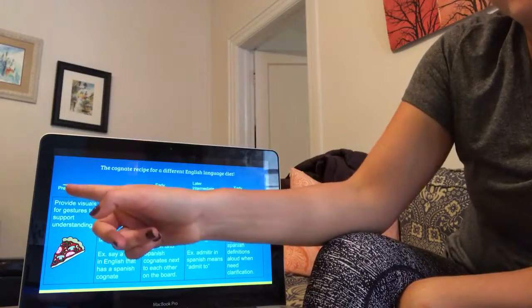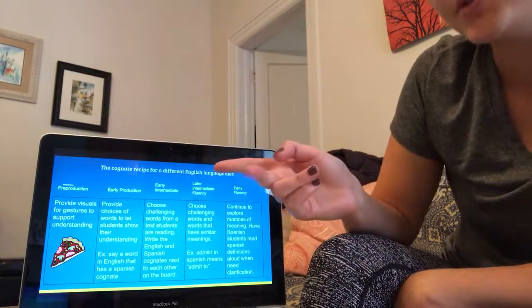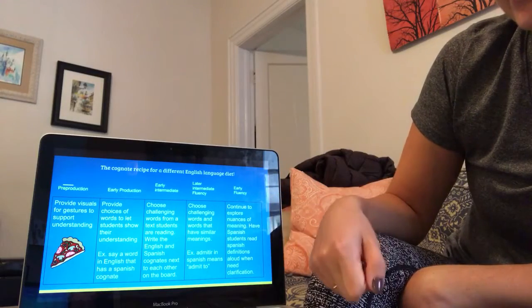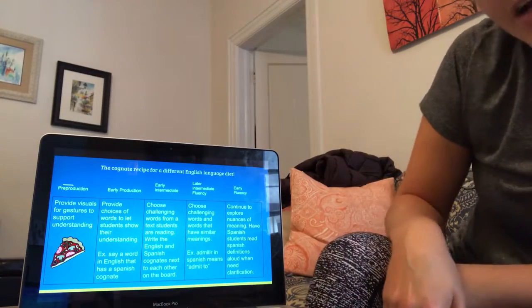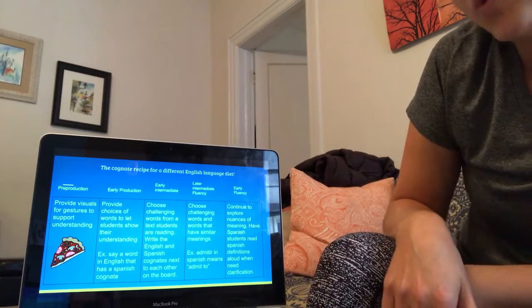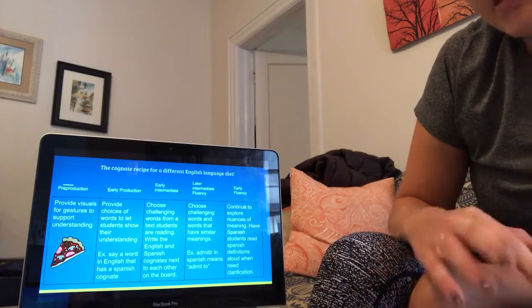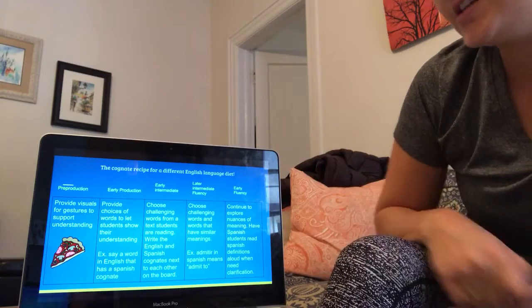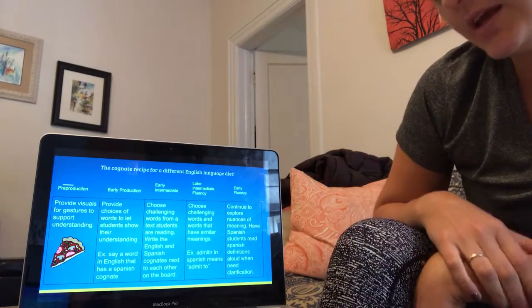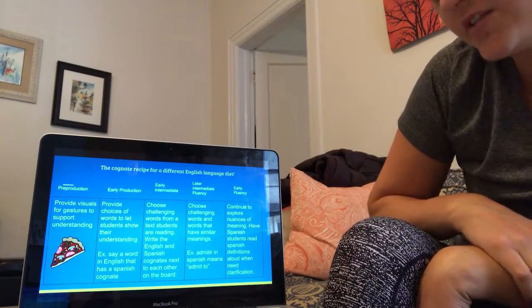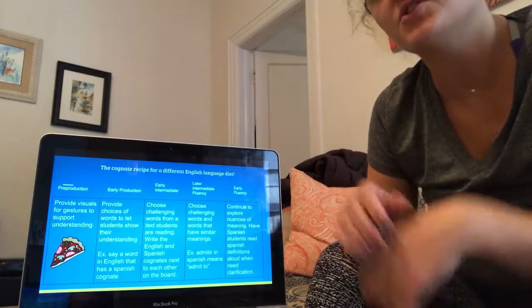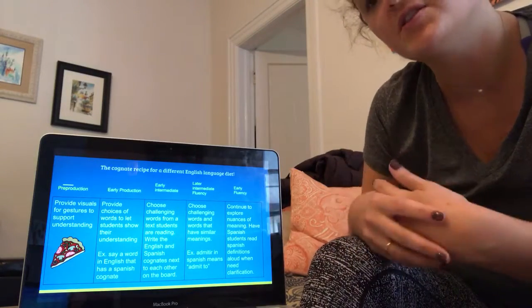For pre-production, you might produce just visuals to support understanding. At early intermediate, you would choose challenging words from a text students are reading and write the English and Spanish cognates next to each other on the board. And for early fluency, continue to explore nuances of meanings, and have Spanish students read Spanish definitions aloud when they need clarification. So this really is just bridging the two languages together.